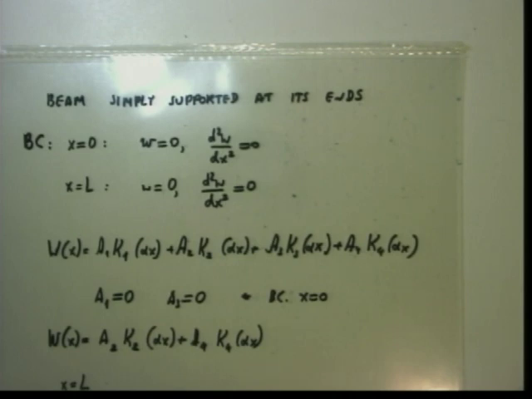Now, what are the boundary conditions? The boundary conditions are absolutely the same, because the left side is simply supported and the right side is simply supported. So the function and second derivative equal 0.